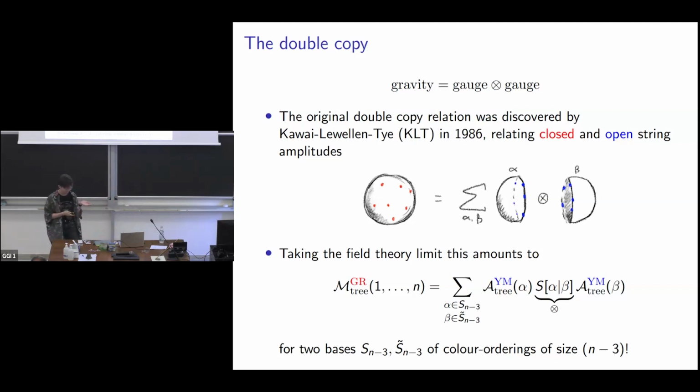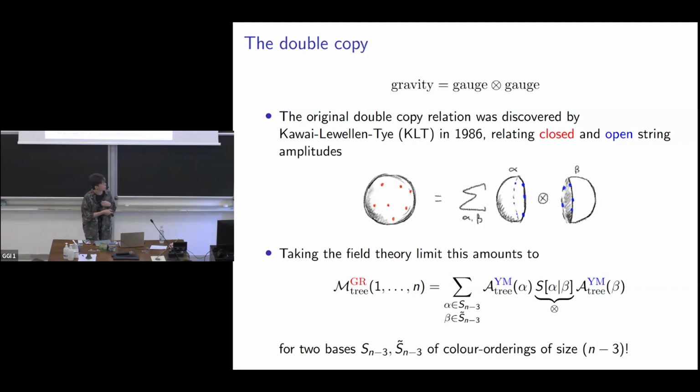Taking the field theory limit of this amounts to saying that an n-point tree level gravitational amplitude is equal to some sum over two copies of gauge theory amplitudes organized by some color ordering and glued together using something that we call the momentum kernel or the KLT kernel.